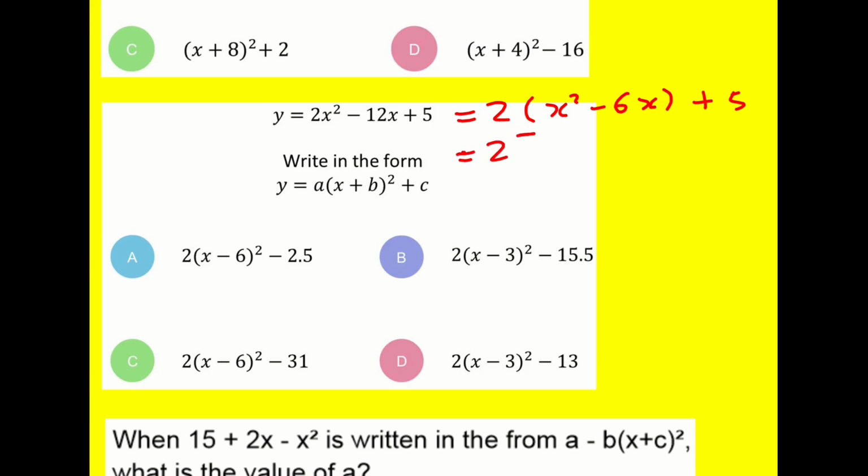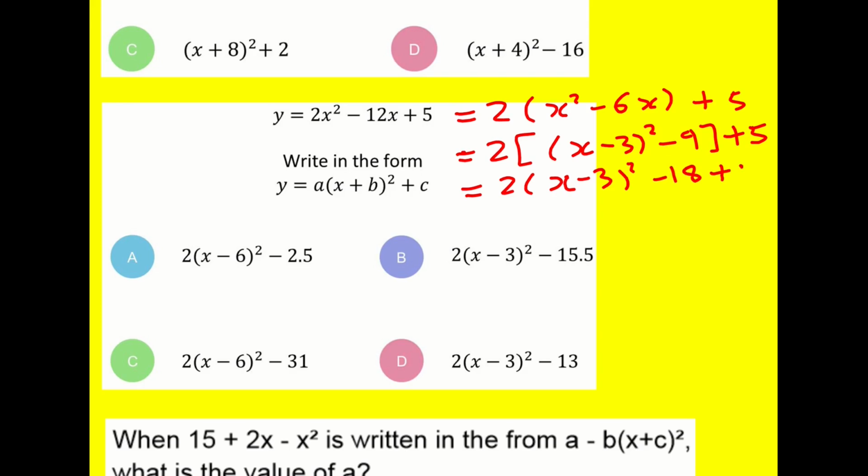And now square bracket and complete the square on x squared minus 6x, so x minus 3 squared minus 9. Expand the bracket out, there's a few steps. It's going to be minus 18 plus 5, which will give us minus 13. So it's going to be D.